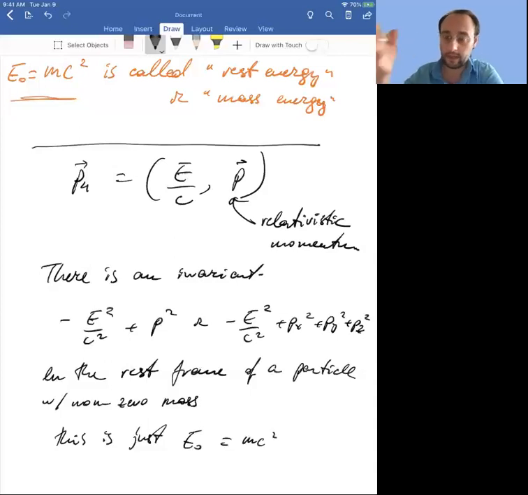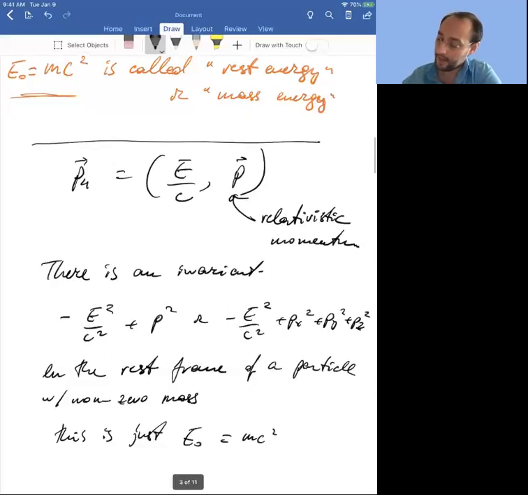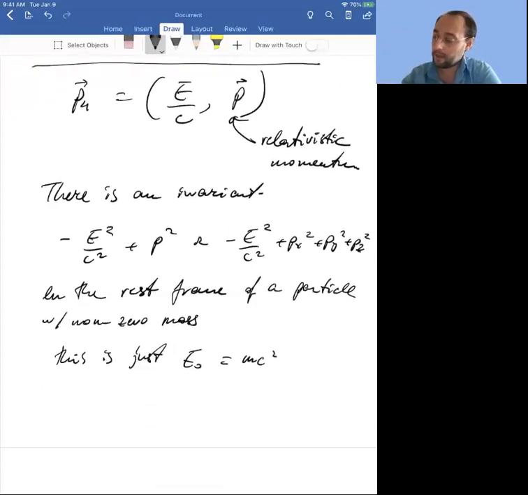Okay, so in the rest frame, the momentum of the particle is 0, and the energy of the particle is just the rest energy because its kinetic energy is also 0. In other words, this quantity is an invariant, so we may as well evaluate it in the particle's own frame.